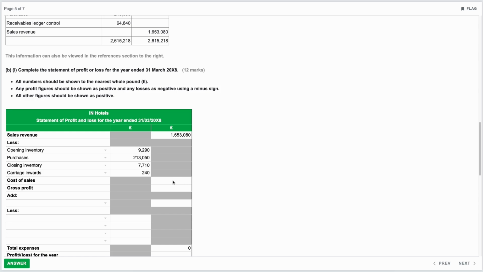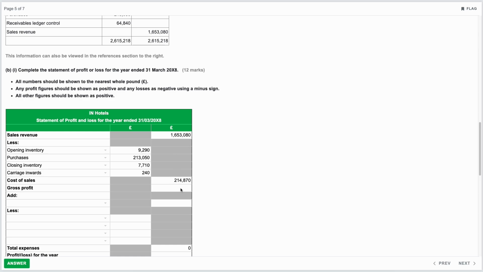We can now calculate our cost of sales, which would be the opening inventory plus the purchases, less the closing inventory plus the carriage inwards. So if we do that calculation, that would give us £214,870. From there, we can work out our gross profit, which would be the sales revenue minus our cost of sales.